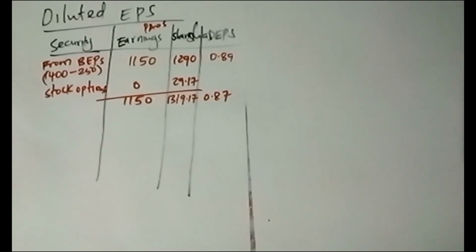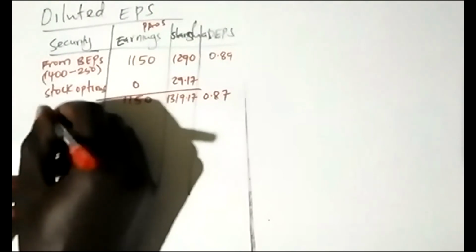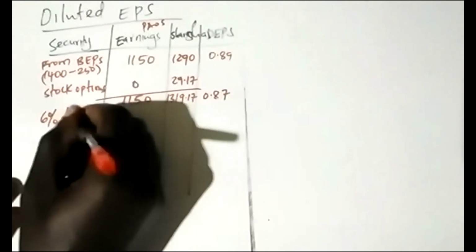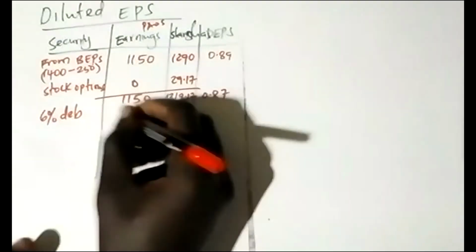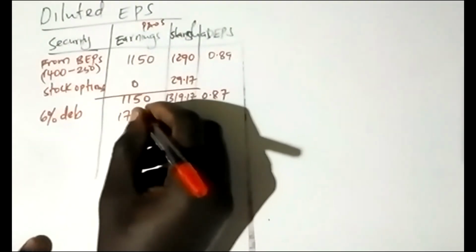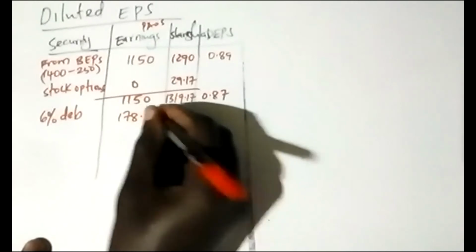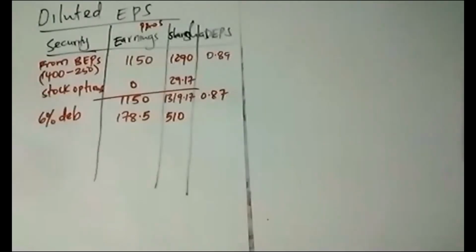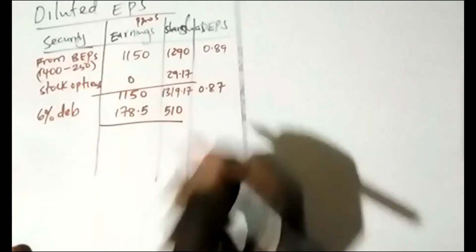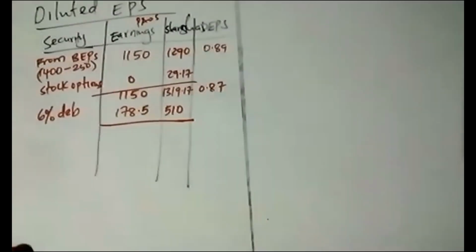So the second one was the 6% debenture. It's convertible. The earnings is 510 and the shares is 178. So you add the two.